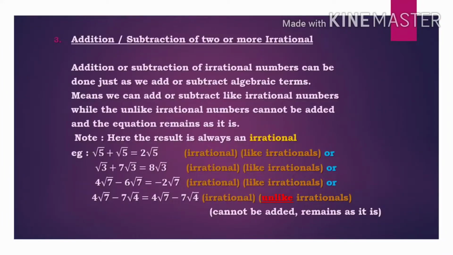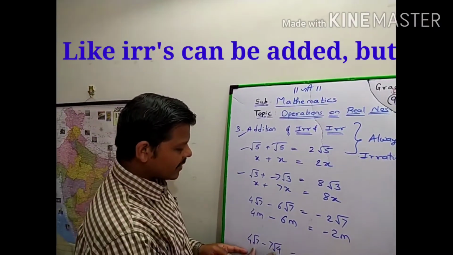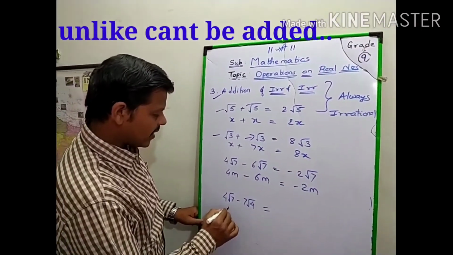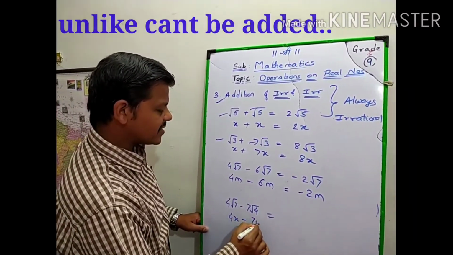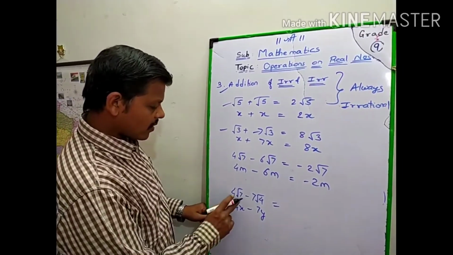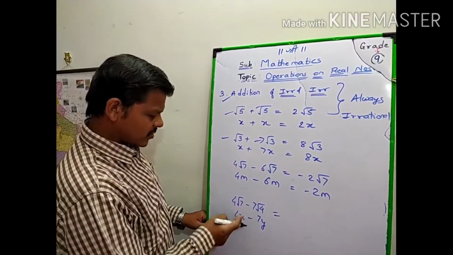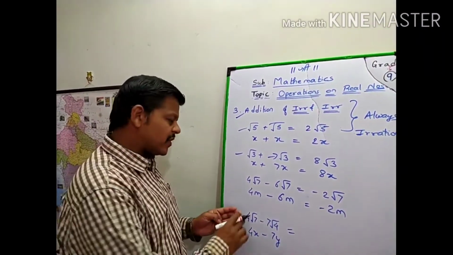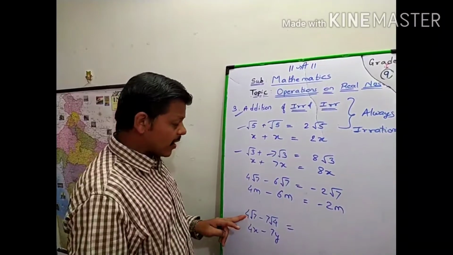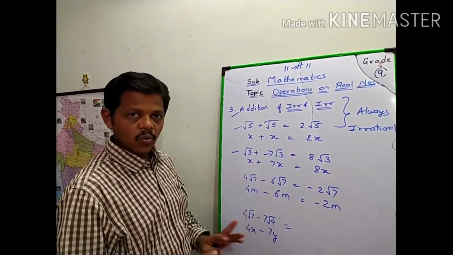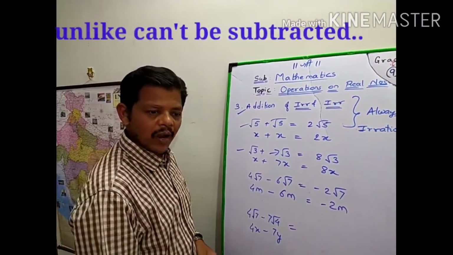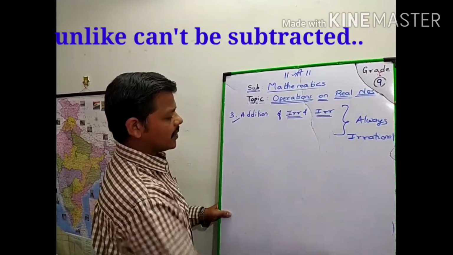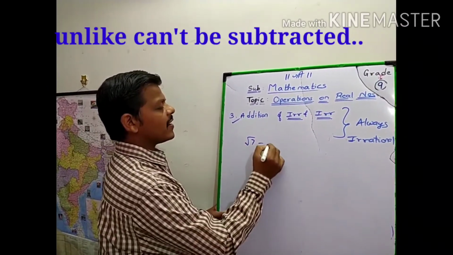But as we couldn't add or subtract unlike irrationals, let me write here 4 root x minus 7 root y. You cannot do anything, so this will also remain as it is. You just cannot add 4 and 7, or root x and root y. Unlike irrationals, you cannot do anything. Let me take one more example very quickly: root 7 minus root 5.